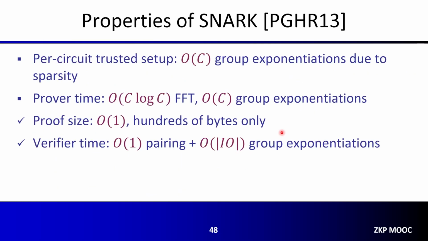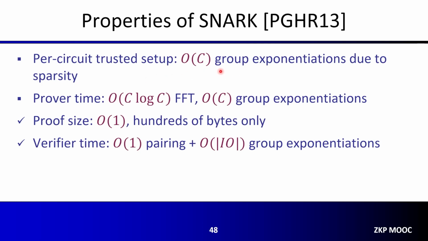So finally, to see the properties of this SNARK, again from the Pinocchio paper, the scheme has a per circuit trusted setup phase. The public keys are dependent on the connections of the circuit because of the selector polynomials.